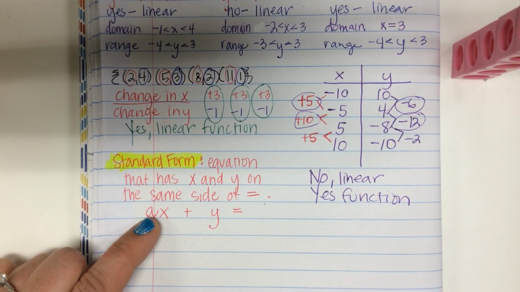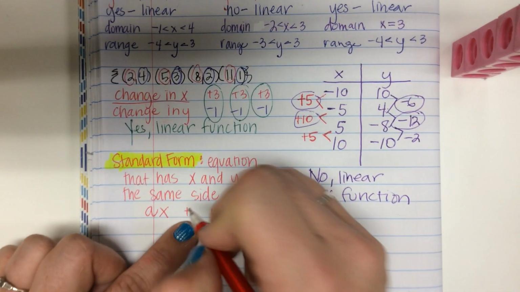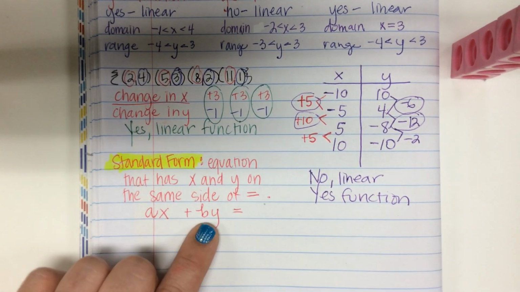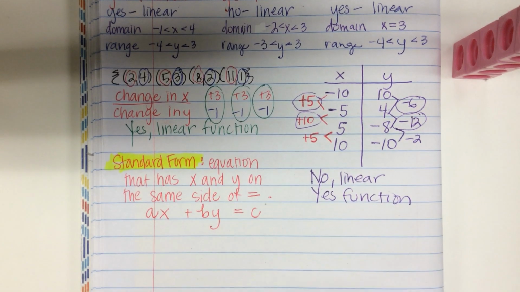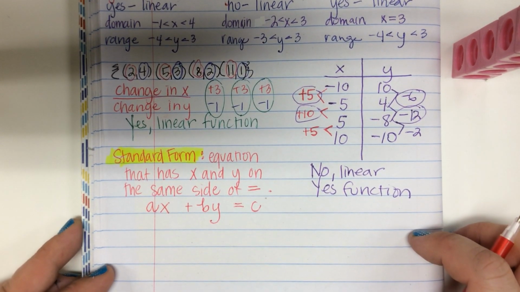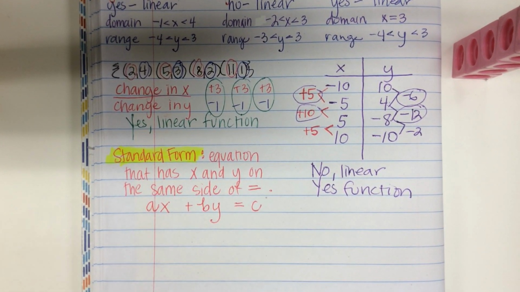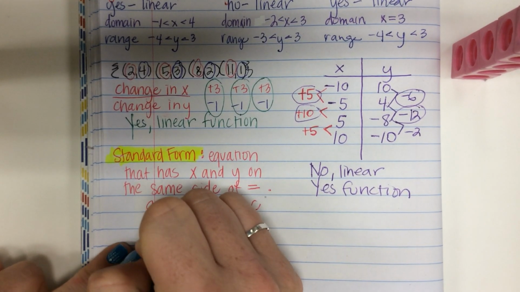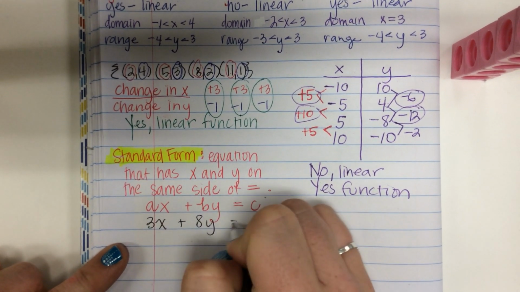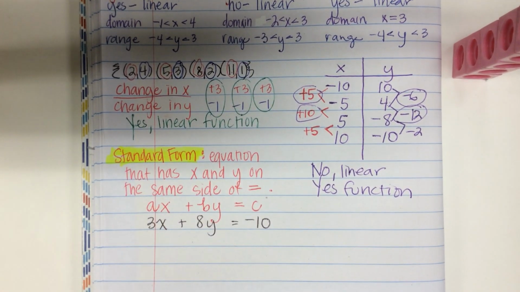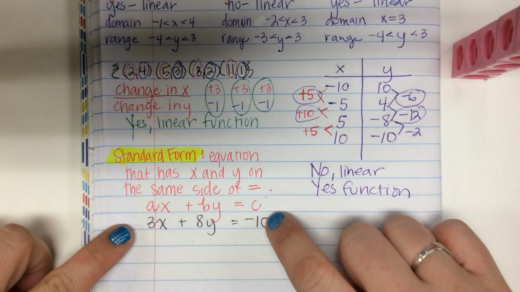Maybe it's negative 8x plus by, and b is the coefficient for y, equals c. So for example, 3x plus 8y equals negative 10. That problem is written in standard form.